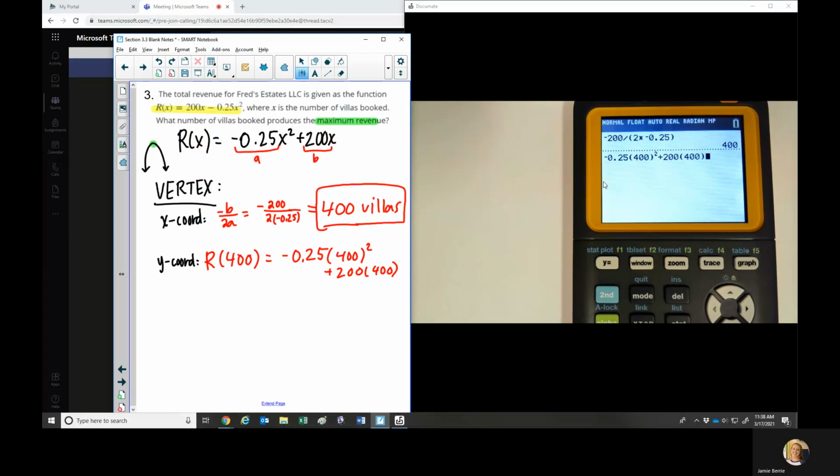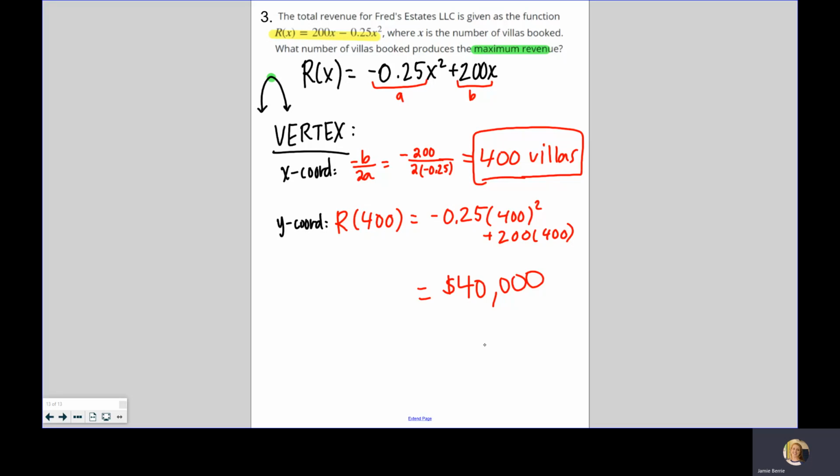All right, so 40,000 is the maximum revenue. That's not what they were asking for. I almost circled it as if it was the answer, but they didn't ask us for the maximum revenue. They just said what number of villas booked produces the maximum revenue. So this would be the actual maximum revenue. And again, I just wanted to show you that so you've seen an example of finding the vertex when you're in standard form.